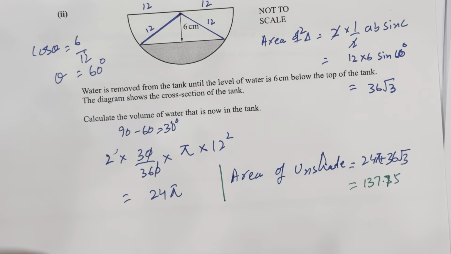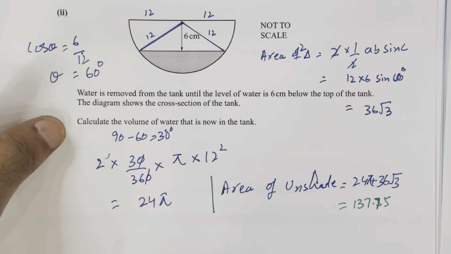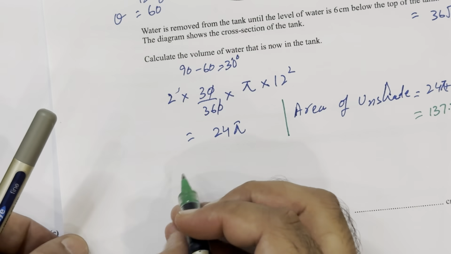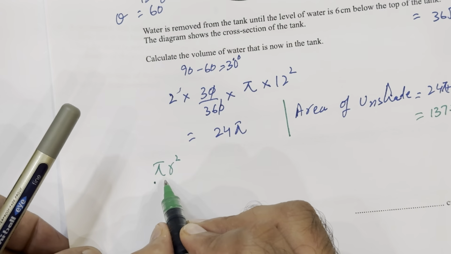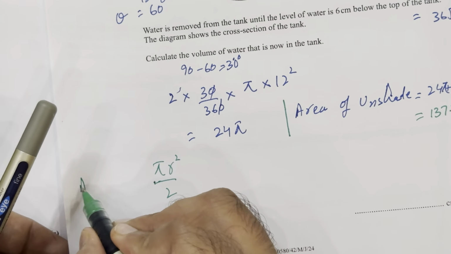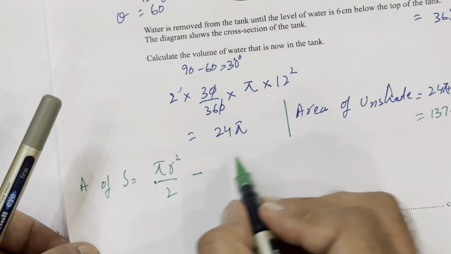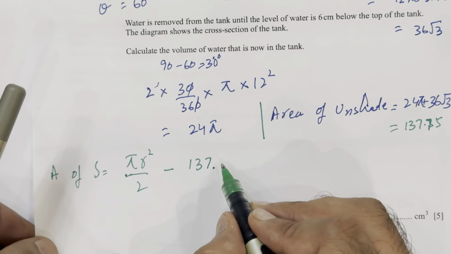Now you need to find the area of the shaded region. We know that the shape is a semicircle, and the semicircle has the formula pi r square over 2. So the area of shaded would be pi r square over 2 minus the area of unshaded, which is 137.75.